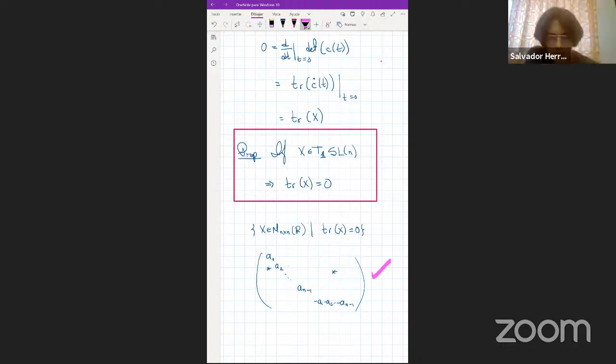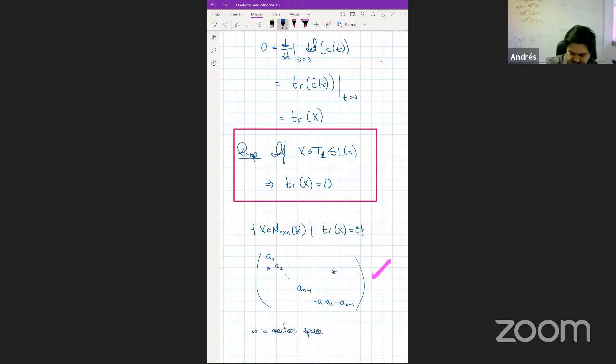This is a group under what? With the sum. Exactly. So it's not only a group with the sum, it is a vector space of dimension what?